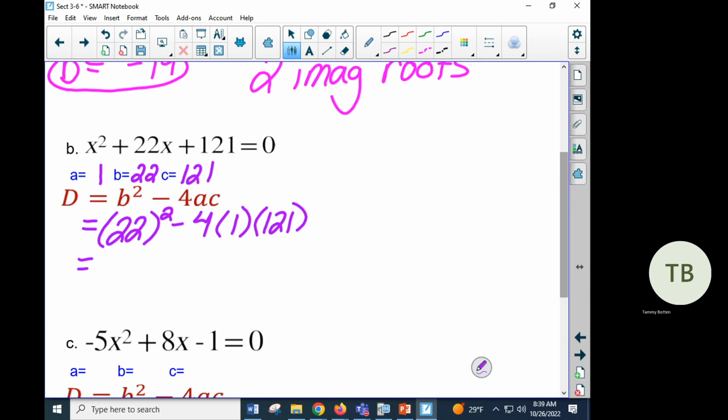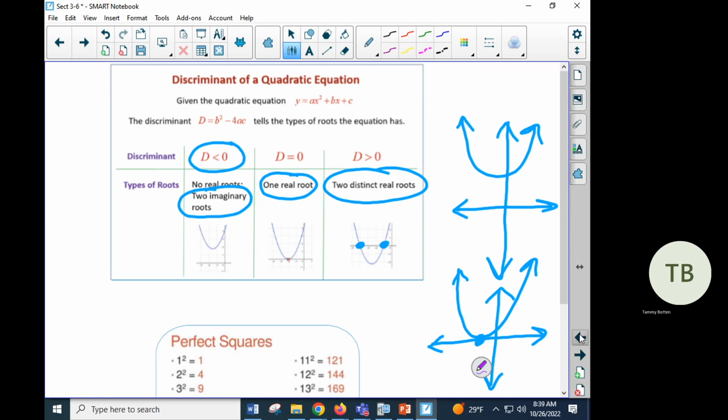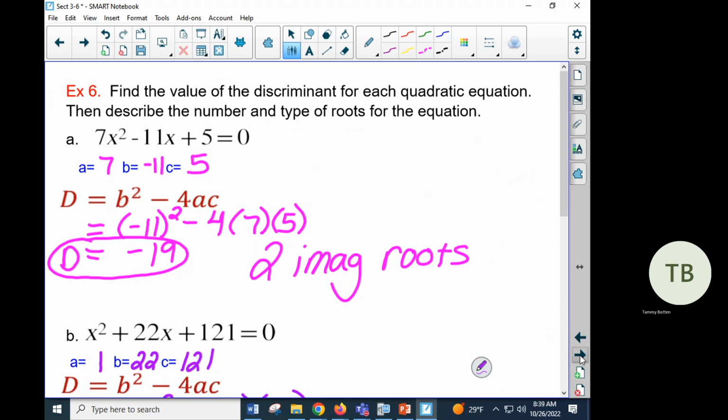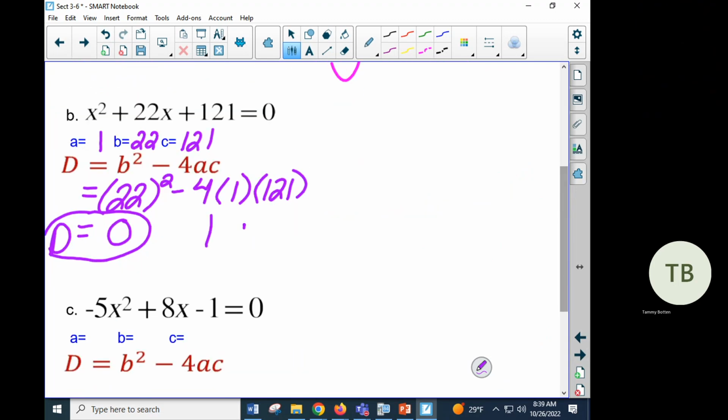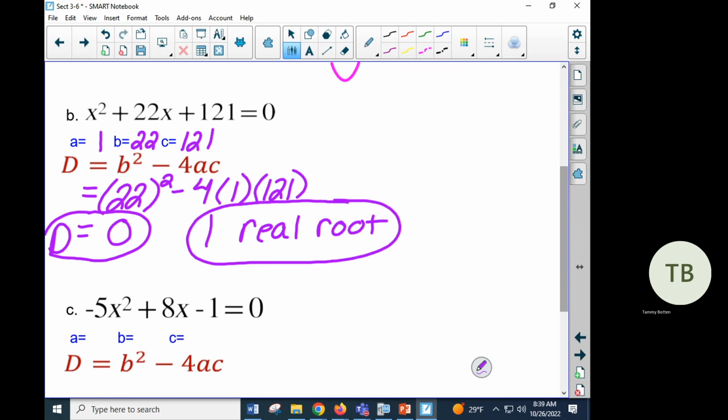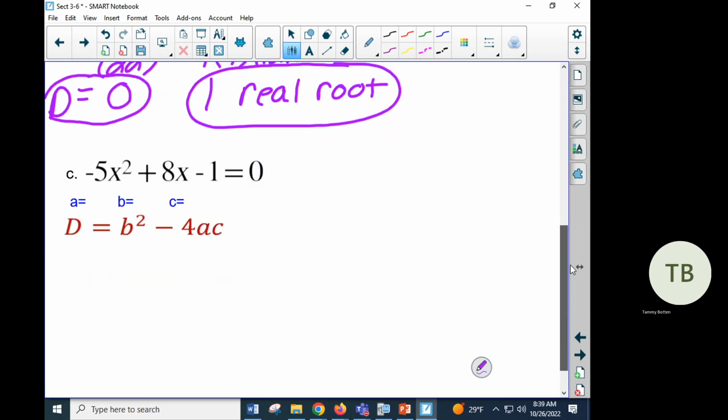So here you get 0, so that's one of your answers. And then if we look back at this chart, if it's 0, you have 1 real root. So that means it would touch your x-axis 1 time.